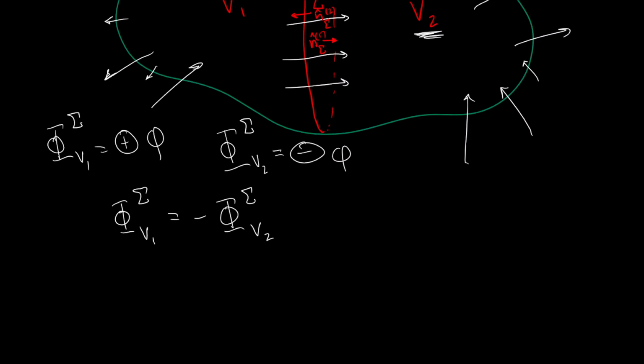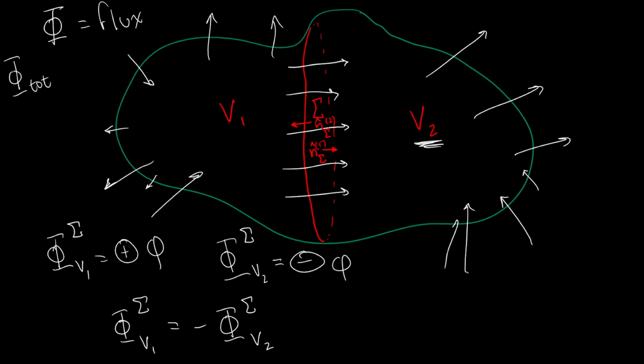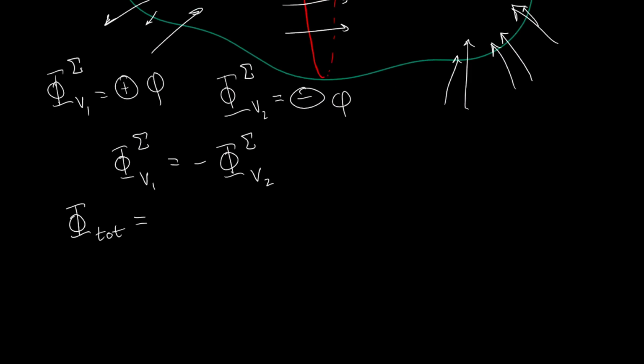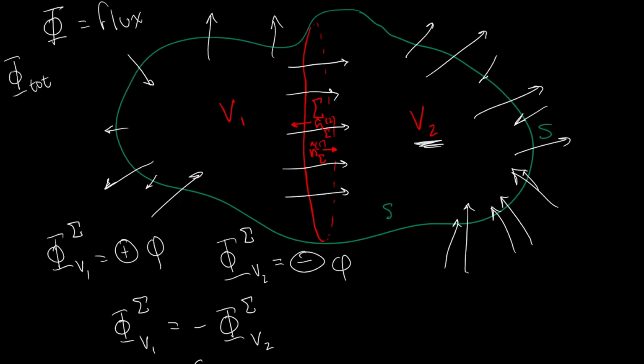But then, if I take the total flux, the total flux is going to be equal to the total amount of all of these vectors going into and out of this surface, which I will call S. So I'll say this is the flux through S. Okay, so now when I split this up, this surface will get split into S1 and S2, right?